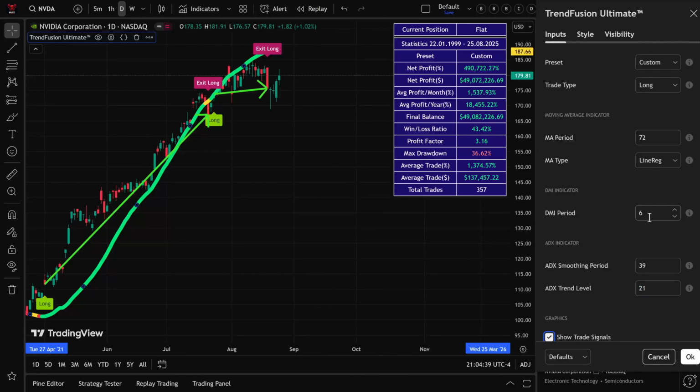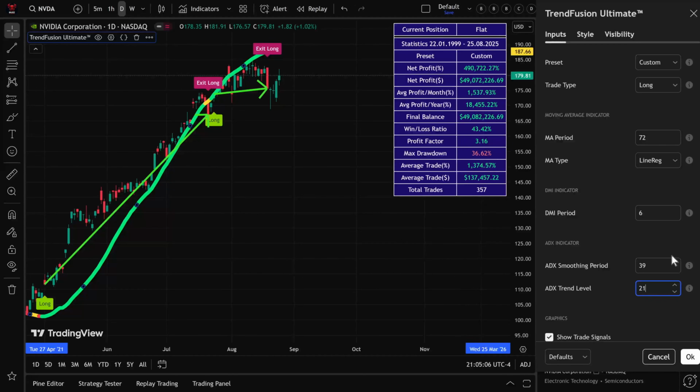And for the last parameter, which is ADX trend level, let's see if we can improve it. No, it's not improving. It's reducing the net profit when I increase it. So let's reduce it. Let's make it smaller. Now, let's keep it as it was, because any changes of this ADX trend did not improve our net profit.